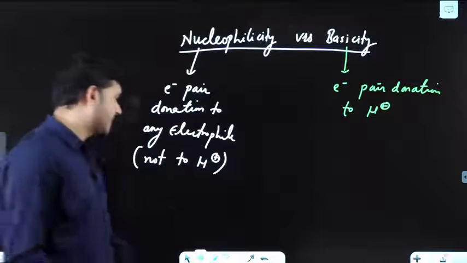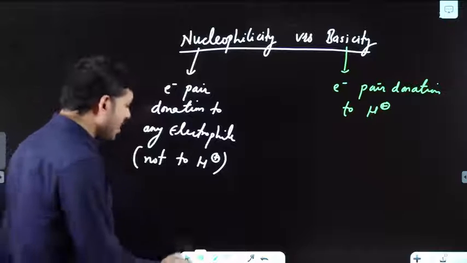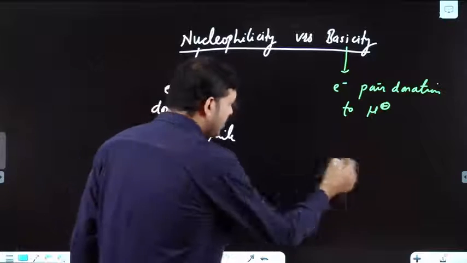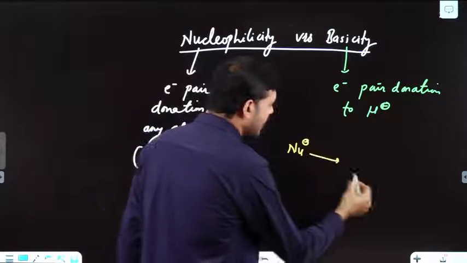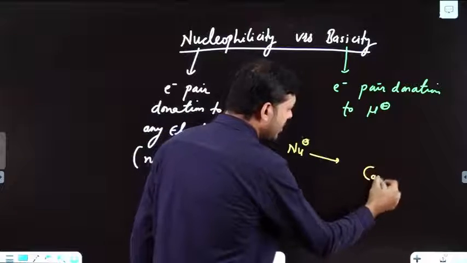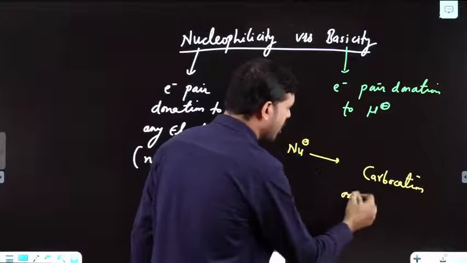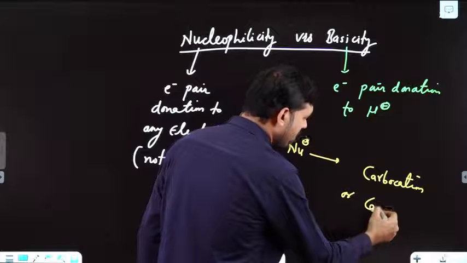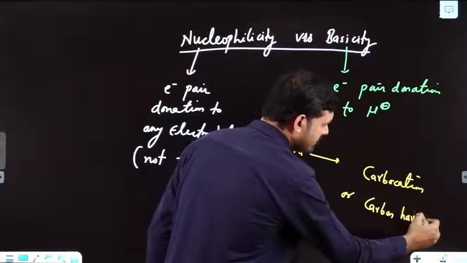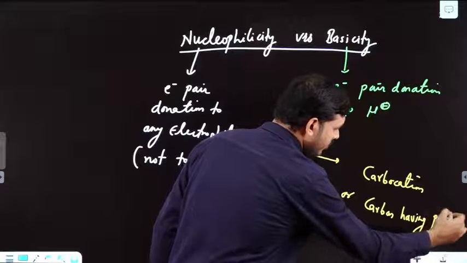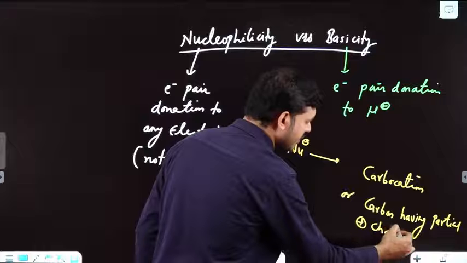Clear? Okay. When we talk about organic chemistry, it is all about a nucleophile interacting with any carbocation or carbon having partial positive charge.